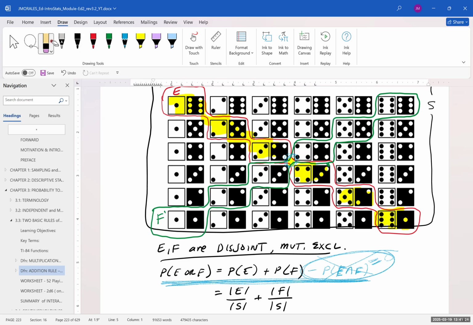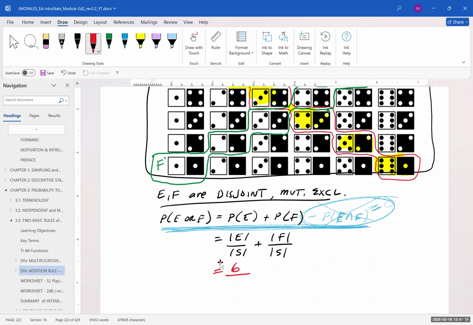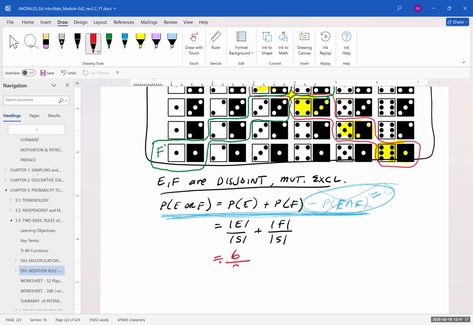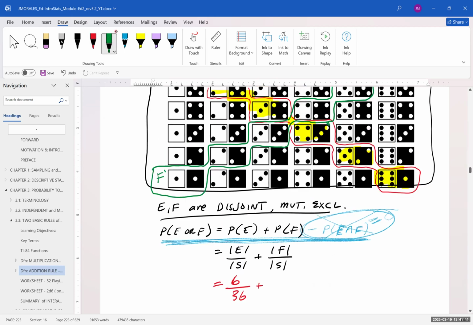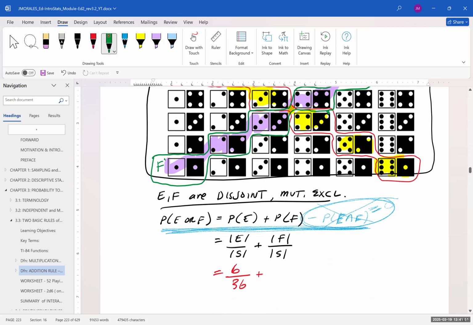All right, we've got 6. So 6 is in event E, with a sample space of 6 times 6, which is 36. And then event F, we've got 1, 2, 3, 4, 5, 6. That's going to be 6 out of 36.